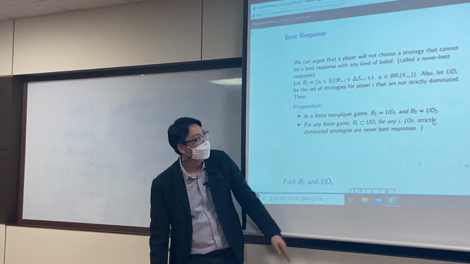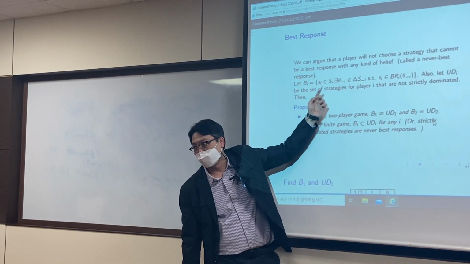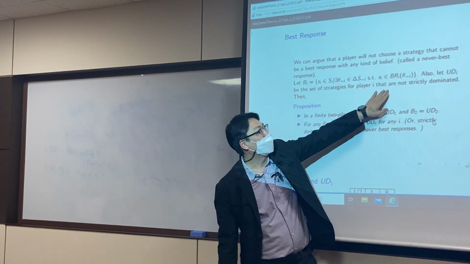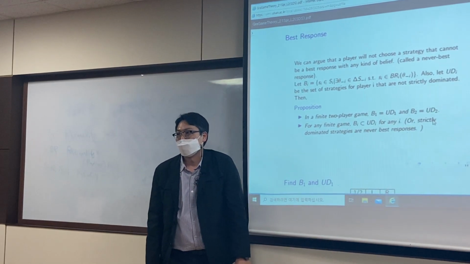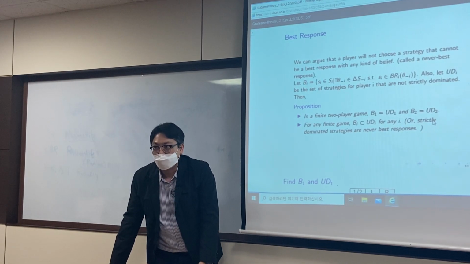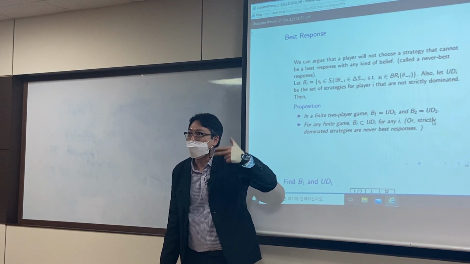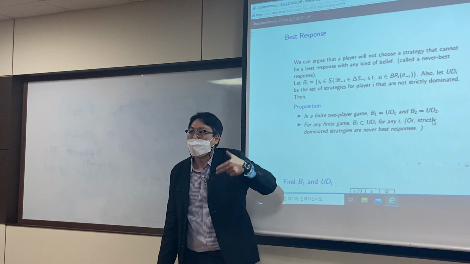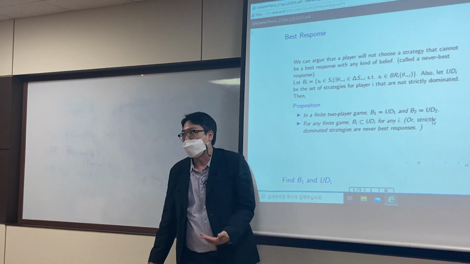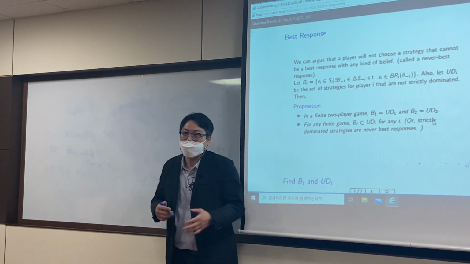Then never best response is exactly the opposite of this set. And also we can define UD. UD is the set of strategies for player I that are not strictly dominated. So this is the opposite of strictly dominated strategy. So if a strategy is a member of BI, it can be a best response for a certain belief, and if a strategy is a member of UD, it means this is not a strictly dominated strategy. Just the naming.